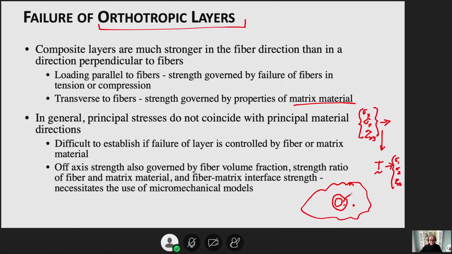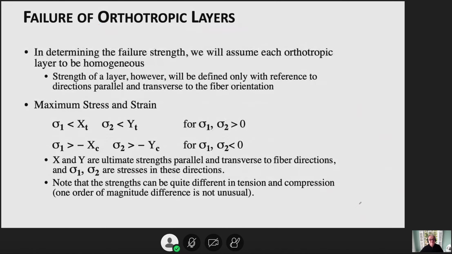And there may be other things happening here that we don't know and we would not care about as designers right now. So we're not going to use any micromechanics models that go into this level of complication. So what do we do instead?